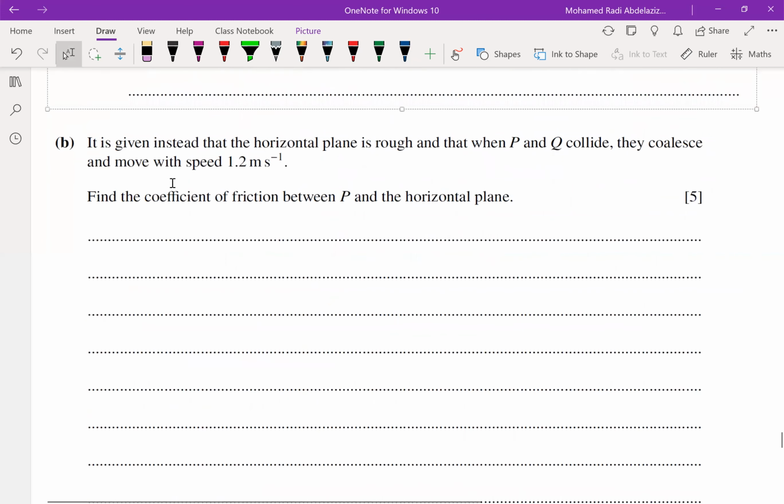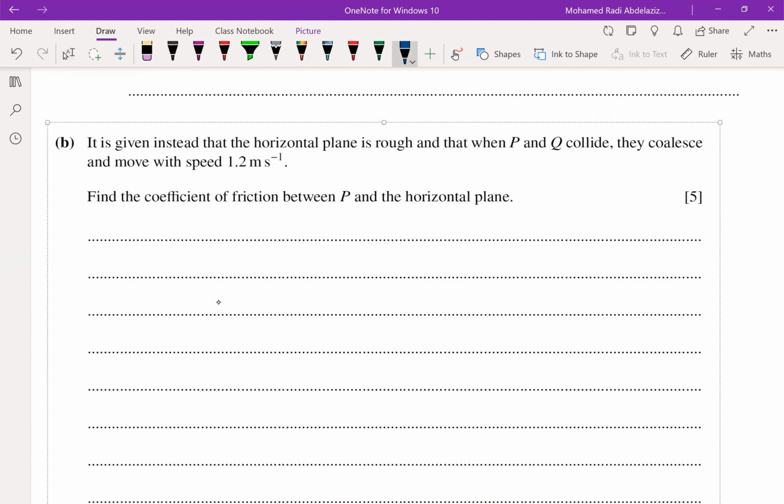Look at part B. It's given that instead the horizontal plane is rough, and that when P and Q collide, they coalesce and move with the same speed, 1.2. Find the coefficient of friction between P and the horizontal plane. We'll start from the end now.